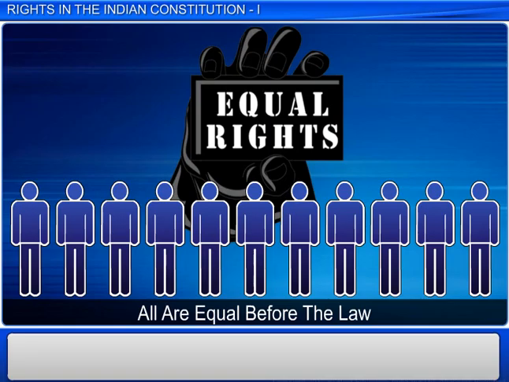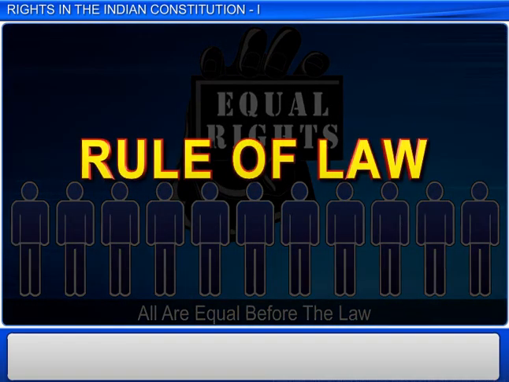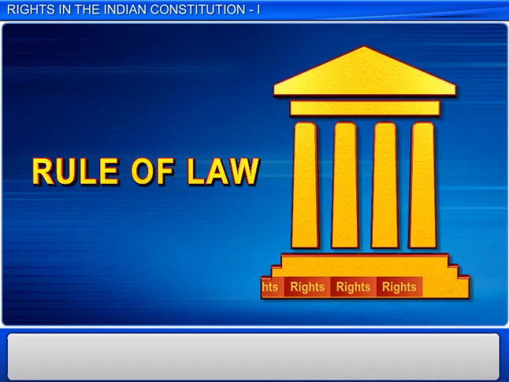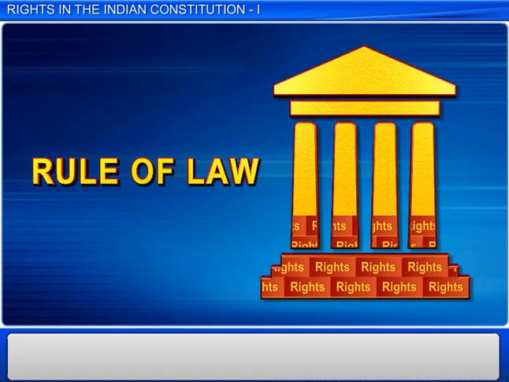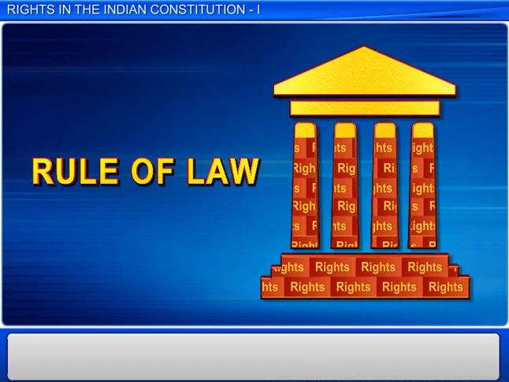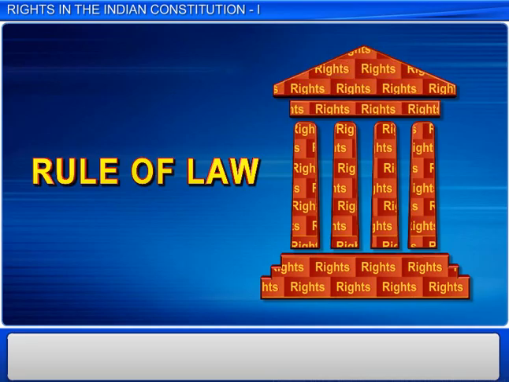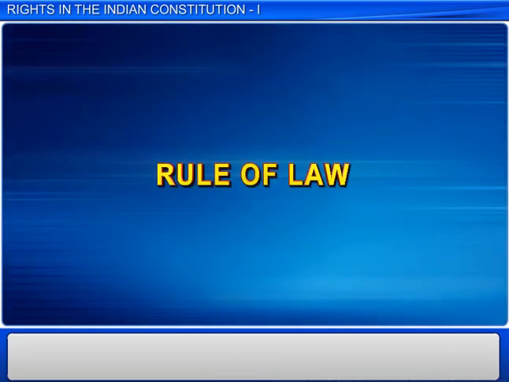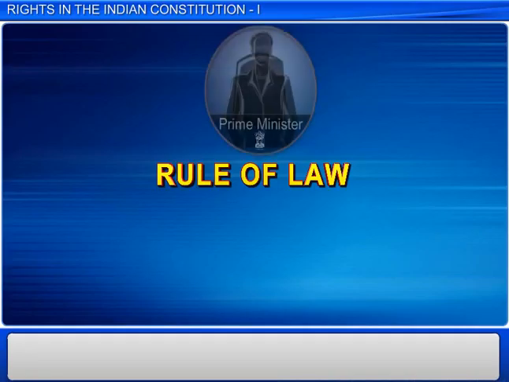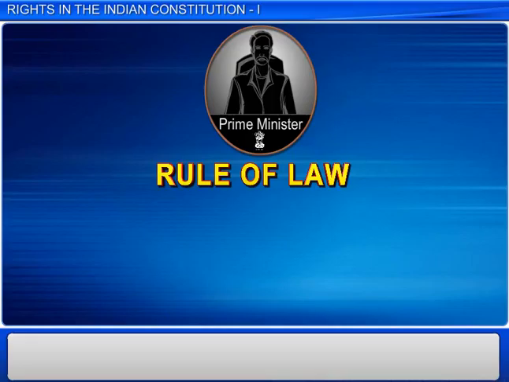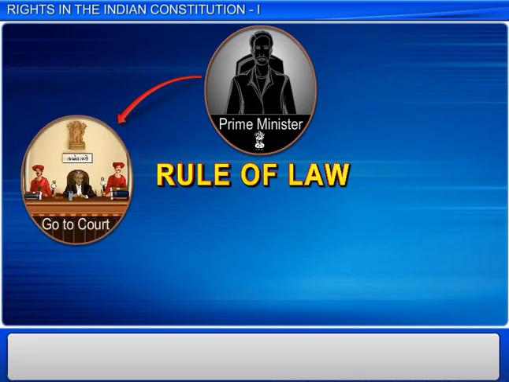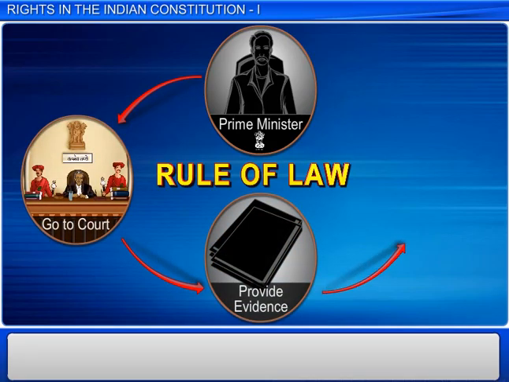This is called the rule of law, and it forms the foundation of every democracy. According to the rule of law, even the Prime Minister of the country, in case of charges against him, will have to go to court, give evidence, and file papers without any special treatment.